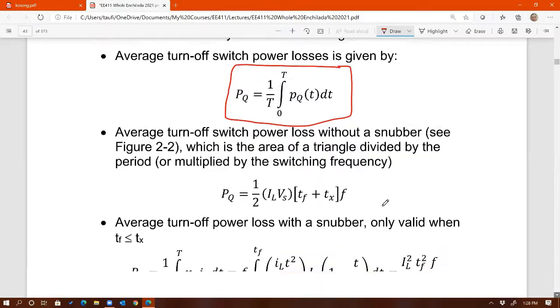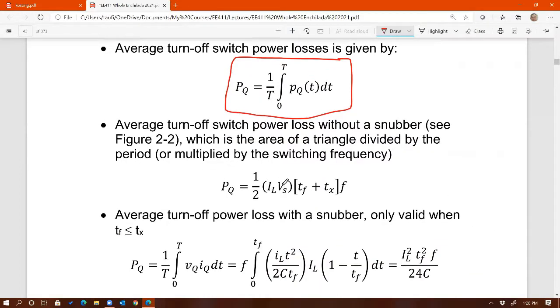Before the snubber we have the triangular waveform. Remember the triangular waveform? That should be easy: one half times the height times the base times F, divided by T, but the inverse of T is F. That's why calculating switching loss before the snubber is straightforward.